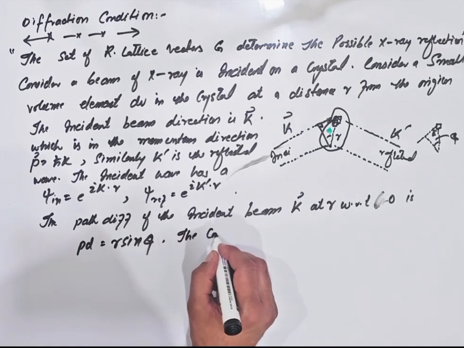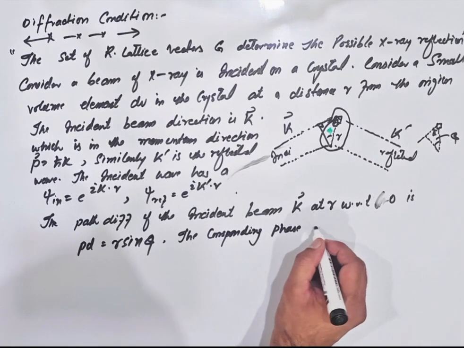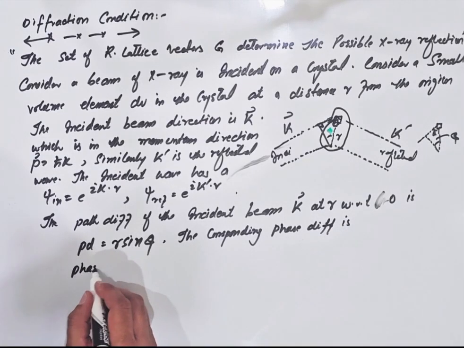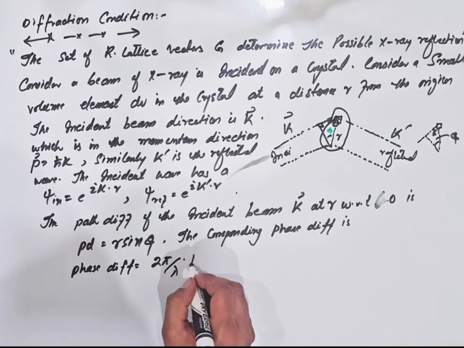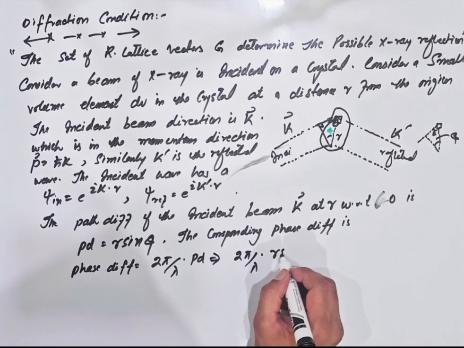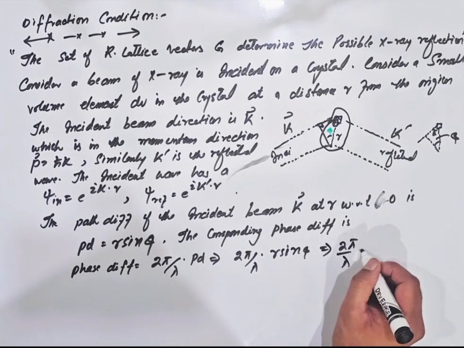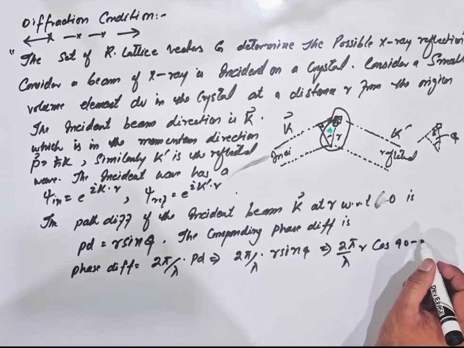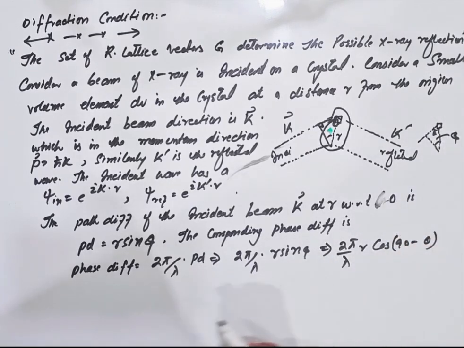The corresponding phase difference is equal to 2 pi by lambda into the path difference, which is equal to 2 pi by lambda r sine phi. This is 2 pi by lambda r cos of 90 minus theta. 90 minus theta is r sine phi.